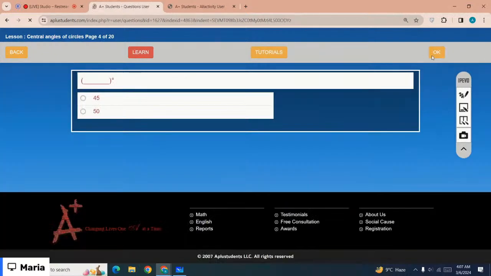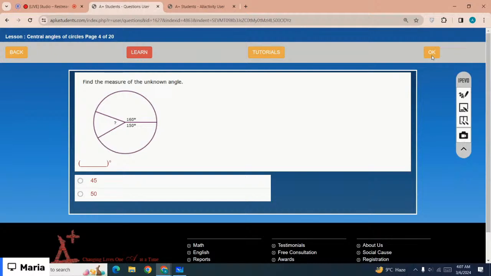Okay, the next one is find the measure of the unknown angle. Which is the correct option? 160 plus 150 and the missing angle. Which is the missing angle?